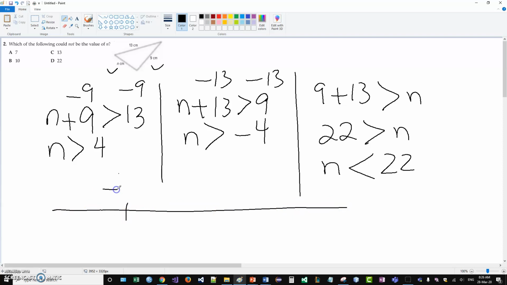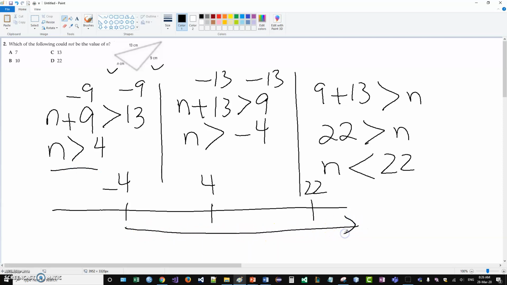We have minus 4, 4, and 22. For the first one, n is greater than 4. For this one, n is greater than minus 4. And for this one, n is greater than 4.